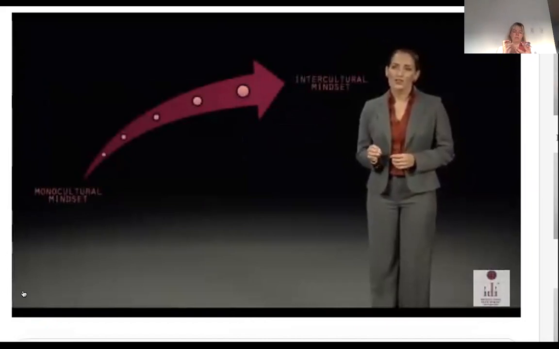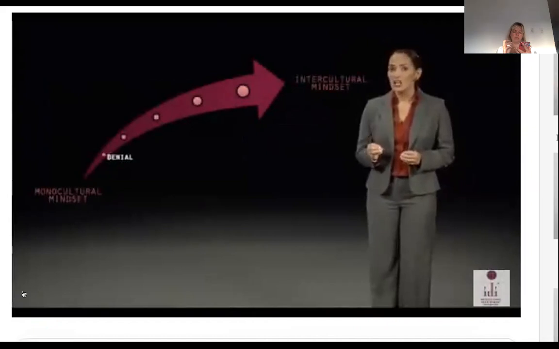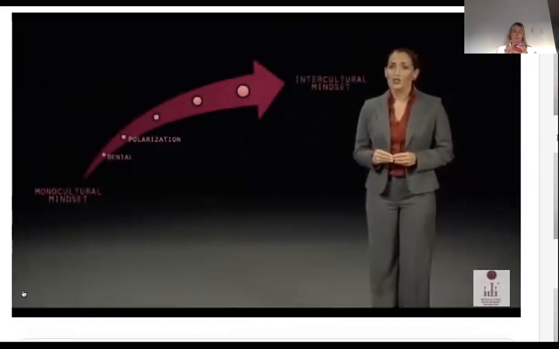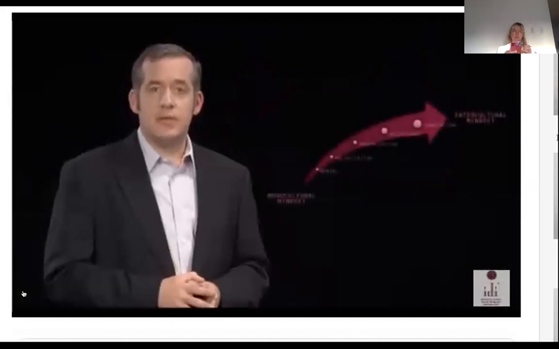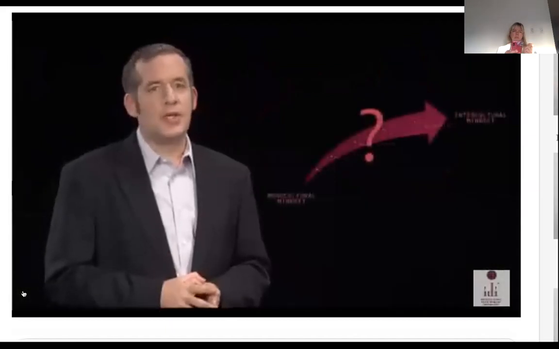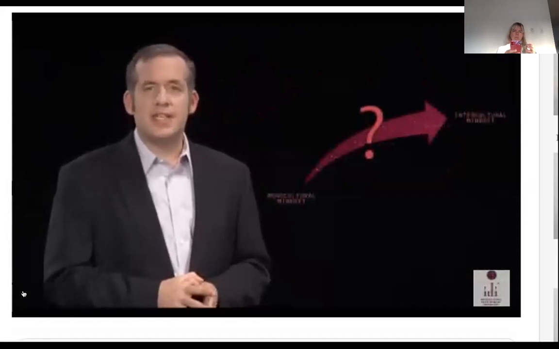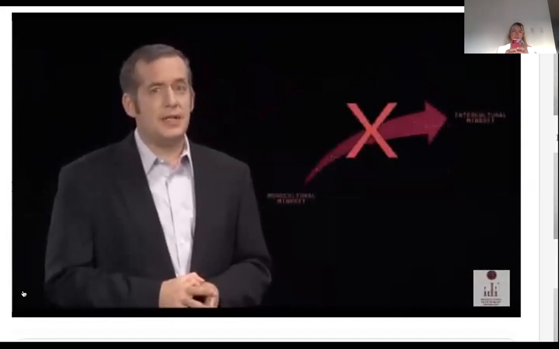These mindsets range from the monocultural perspectives of denial and polarization, the transitional mindset of minimization, and the intercultural or global mindsets of acceptance and adaptation. Take a closer look at this continuum. What do you think your own primary orientation is? Research indicates you would probably not be very accurate.